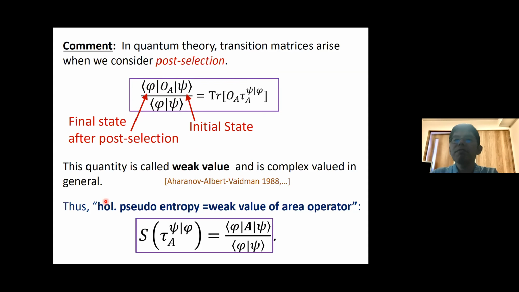Actually, holographic pseudo entropy, which I just defined as a minimum area surface, is interpreted as a weak value in the sense of the area operator. The area operator nowadays is very heavily used in the context of AdS/CFT, and it is basically the operator which measures the minimum area. We can also rewrite this way in the holographic context.